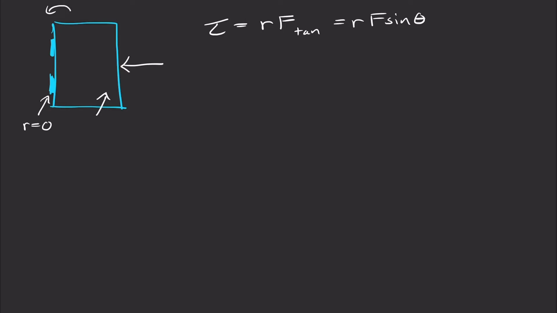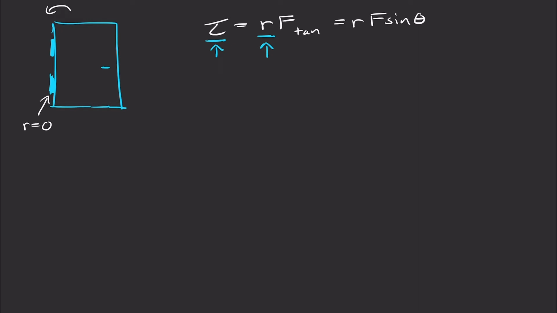If you get further away, so you increase R, you will also increase your torque. The further away you get from the hinge, the more torque you're applying, the easier it is to rotate the door. This is why the handle of the door will always be on the opposite side of the hinges.